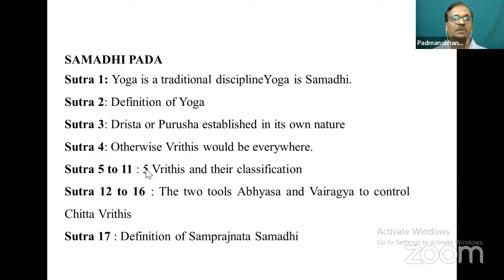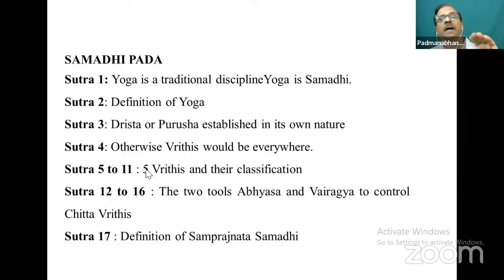And Sutra number 12 to 16 talks about the two tools: Abhyasa Vairagyabhyam Tannirodhah. Then it talks about what is Abhyasa: Sa Dirgha Kala Nairantarya Satkarasevito. It talks about the characteristics of Abhyasa. Then it talks about Vairagya. Vairagya is of two kinds.